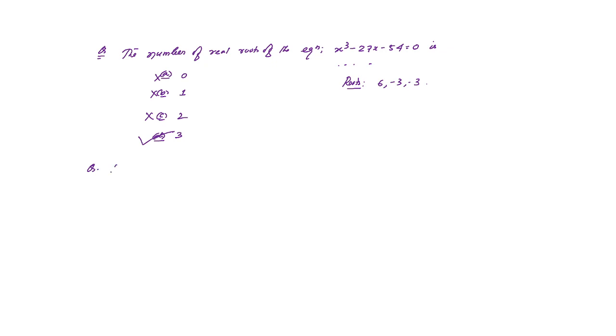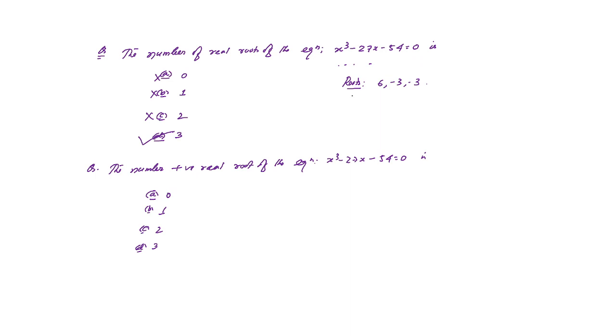Maybe the question is like this: the number of positive real roots of the cubic equation x cube minus 27x minus 54 equals to 0 is option A, 0; B, 1; C, 2; and option D, 3.